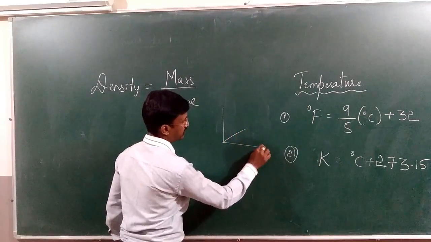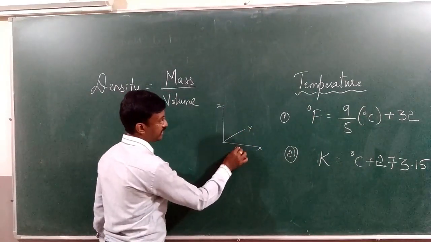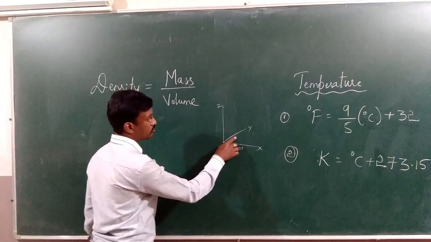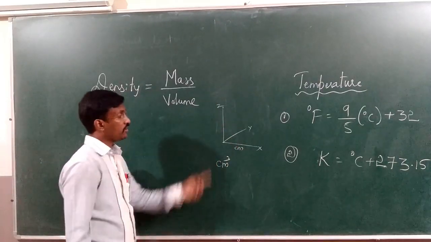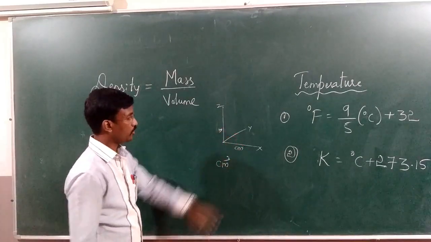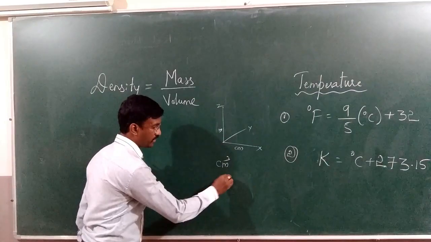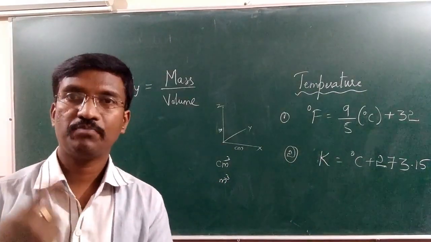This is x-axis, this is y-axis and this is z-axis. If it is centimeter, we take centimeter into centimeter into centimeter, totally centimeter cube. If we take meter into meter into meter, the multiplication of this is m cube.